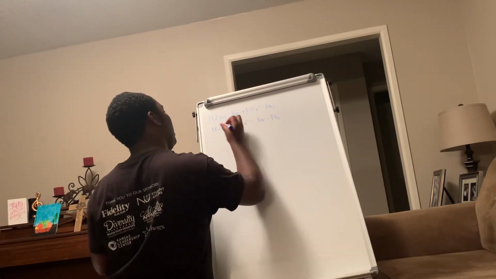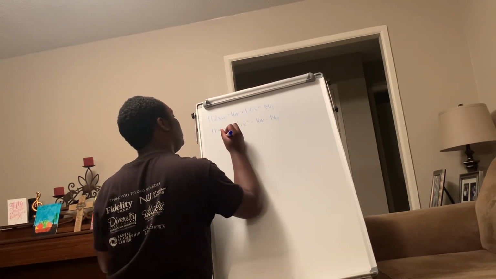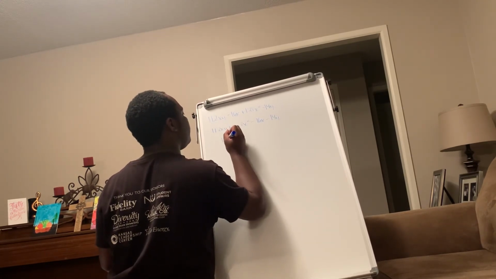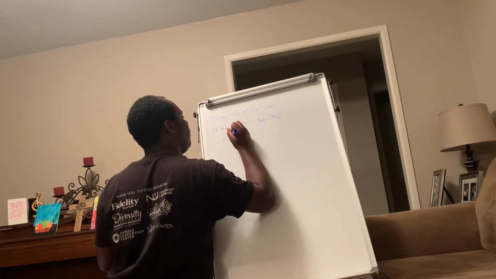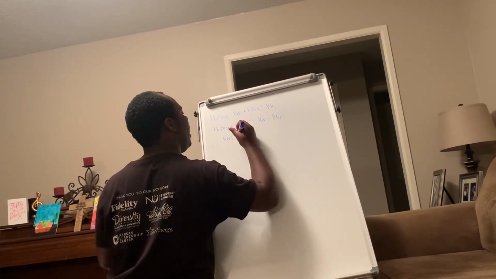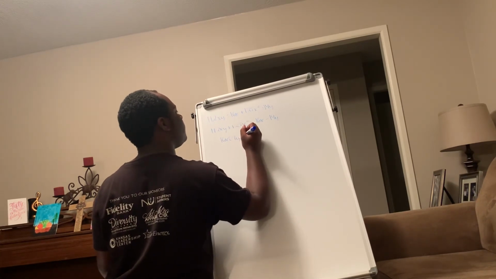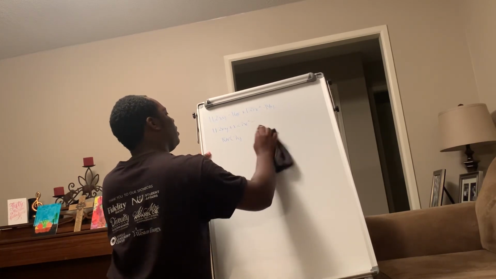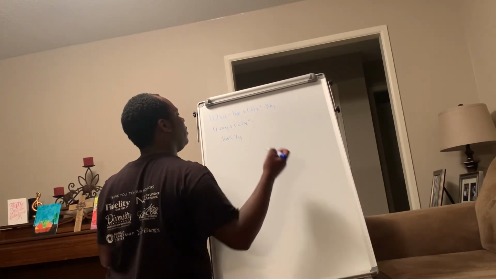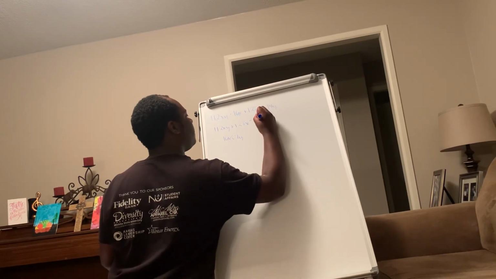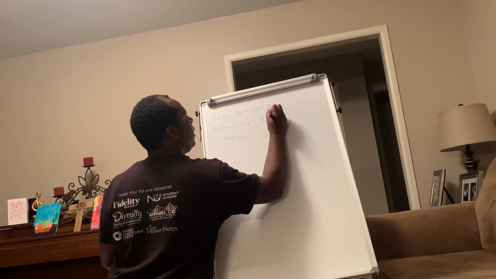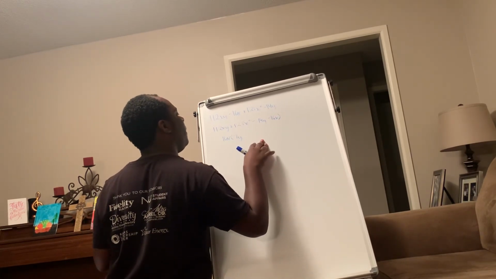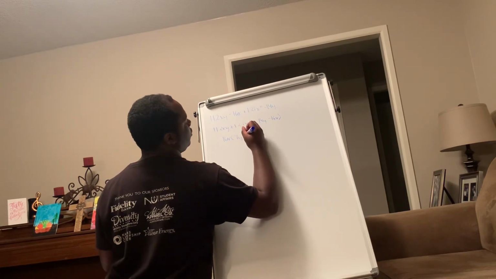So between these two, I have 16x in common. So I'm going to take 16x out. And I'm left with 7y plus 8x. I need to rearrange the order so they can come out clean. So negative 14y minus 16x. Okay, 7y plus 8x.